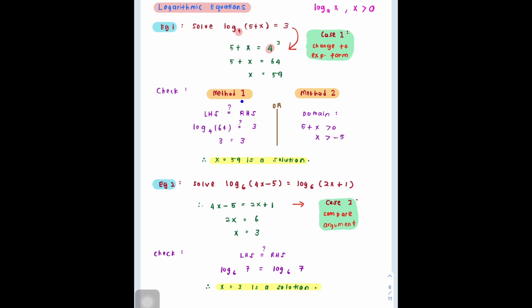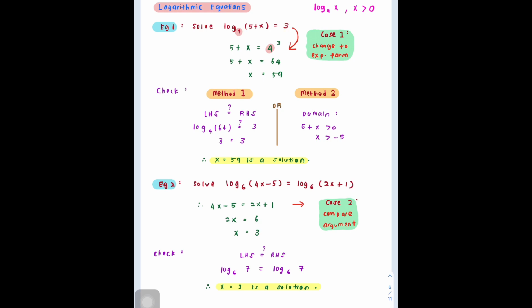So we have two methods to check. The first method is, you just substitute your answer into the original question, and check whether the left side is equivalent to the right hand side. If you substitute x with 59, you have 59 plus 5 is 64. So you have log base 4 of 64. Is it equal to the right hand side, which is 3?